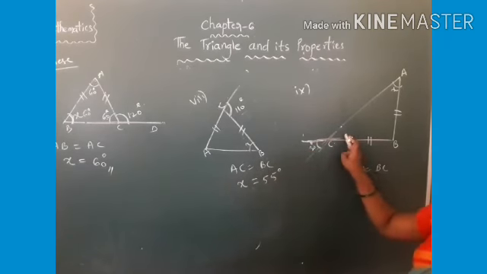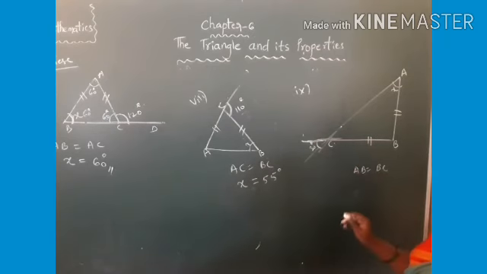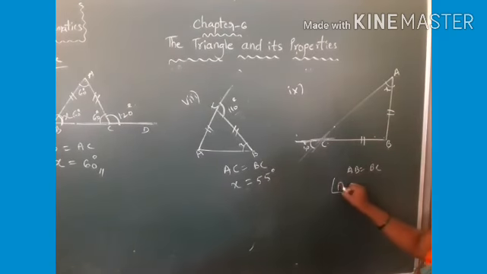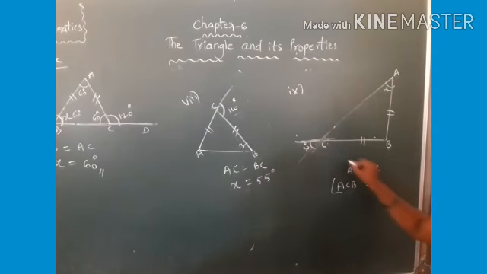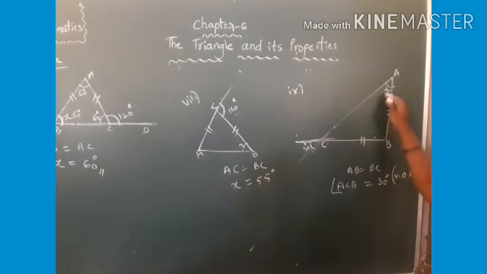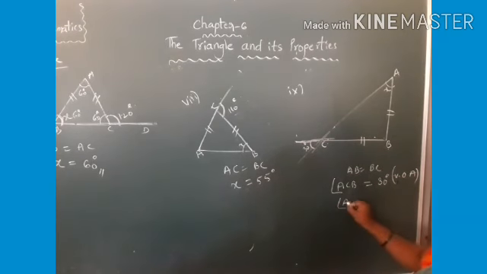So what is the angle for C? Here angle ACB is equal to 30 degrees. Why? Because vertically opposite angles are equal. Now what is angle A?